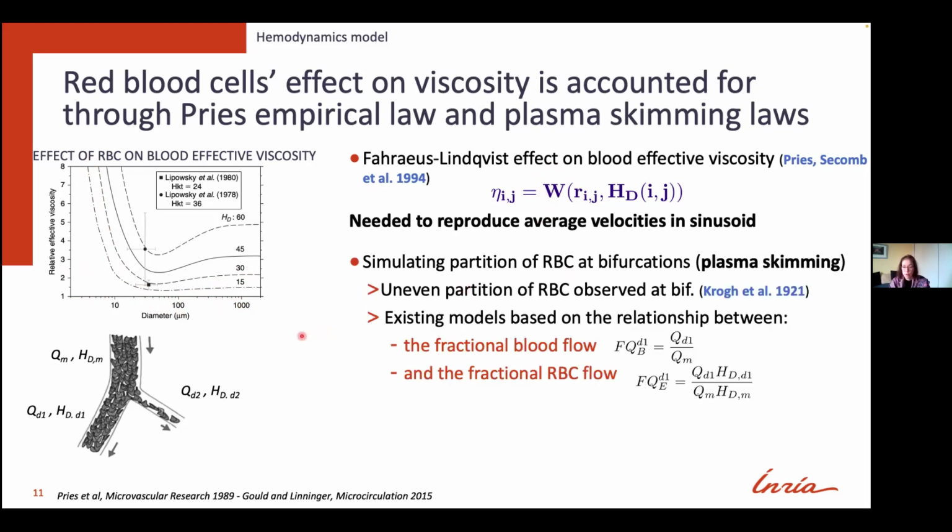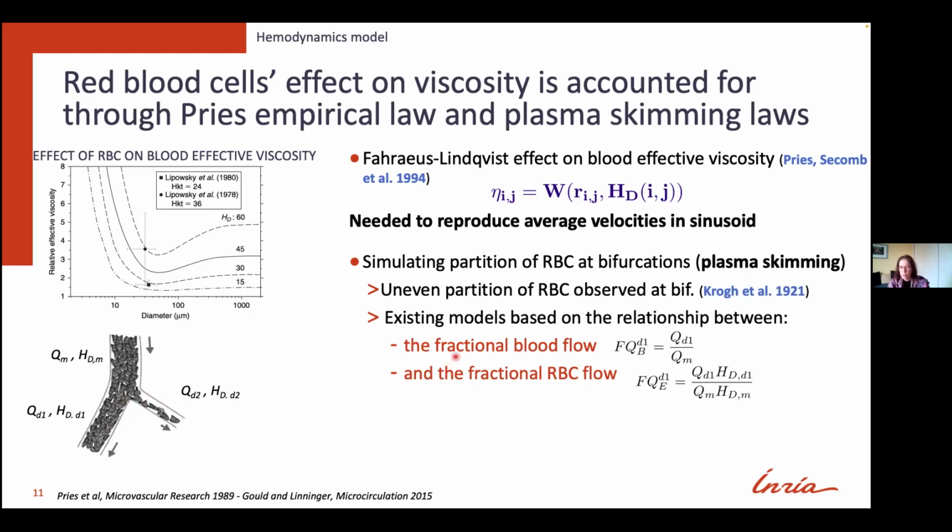Now there is another effect due to red blood cells, which is the partition of the red blood cells at a bifurcation. This is called plasma skimming. This partition is not even, in the sense that it's not proportional to the split of the flow rate between the different branches.